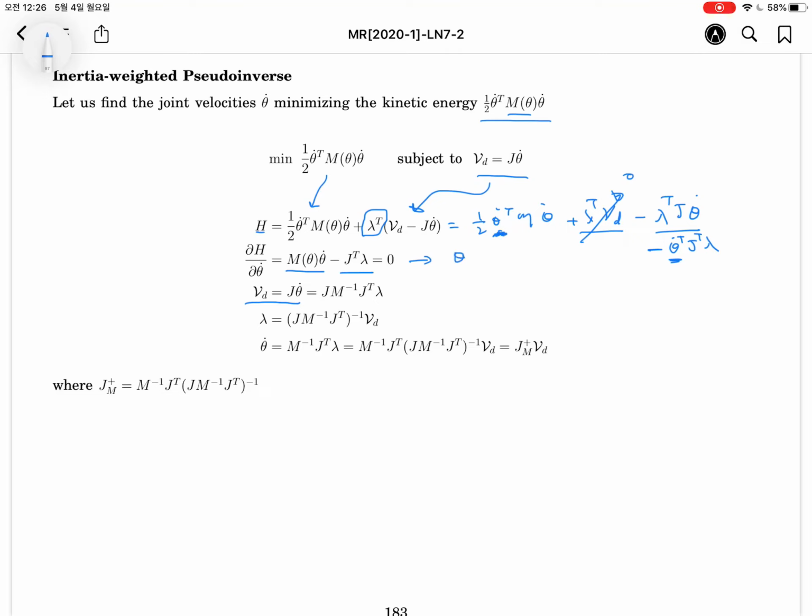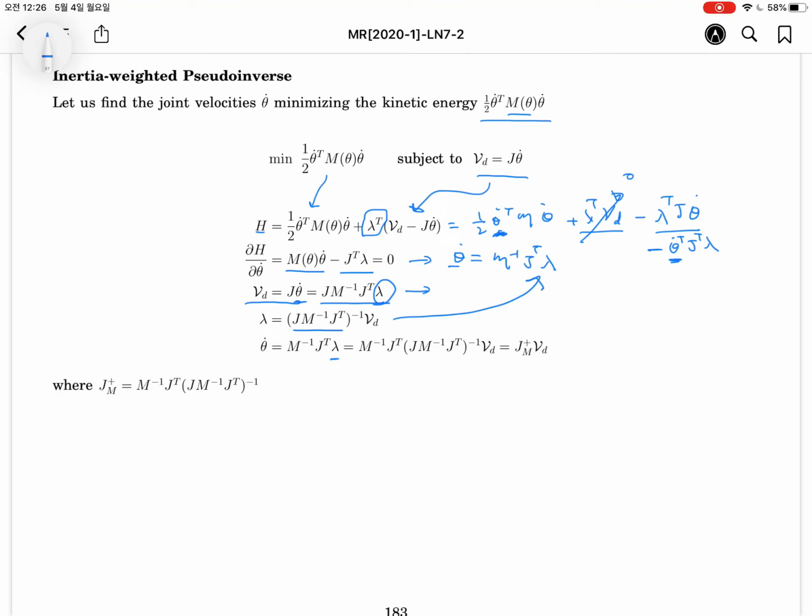Okay, from the constraint, theta dot will be applied. Here is theta dot, M inverse J transpose lambda. Okay, this theta dot will be applied to here. So we have this equation. From here, the lambda can be calculated using the inverse of the previous term.